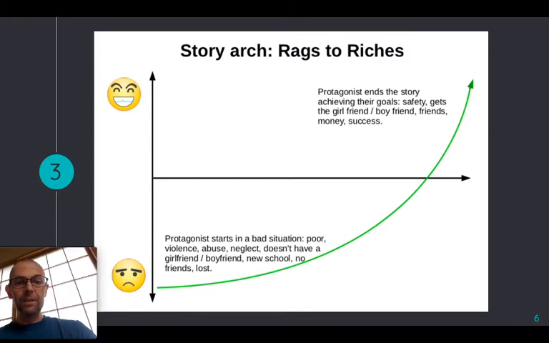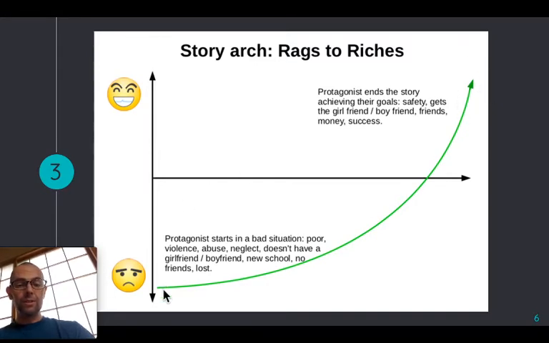The third type that we've got is the rags to riches type. This is often where the protagonist starts in a bad situation. Maybe they're poor, they suffer from violence, abuse, or neglect. Maybe they don't have a girlfriend or boyfriend, and things start here. They progress, and as they get to the end of the story, they get their goal.